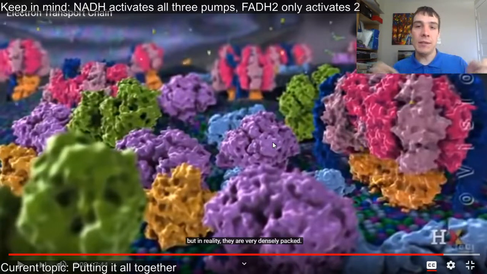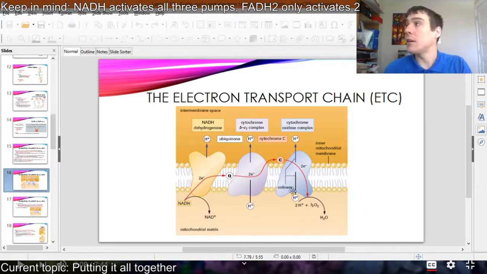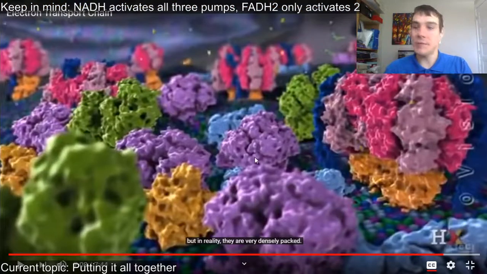The ubiquinone and the cytochrome C will just pass the electrons that they're shuttling to whatever happens to be closest, and they're just moving randomly through the membrane. So it's not quite the same as the picture here, where it's like clearly they're all in a row. It's not like that. It's very much everywhere.